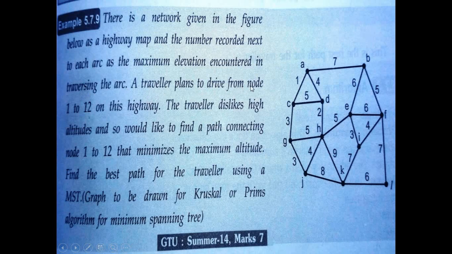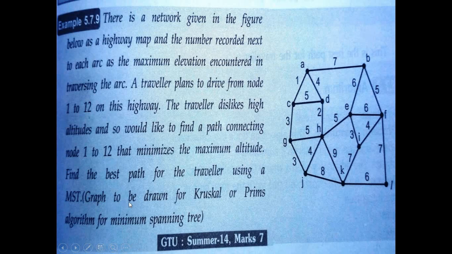A traveler plans to drive from node 1 to 12 on this highway. The traveler dislikes high altitude and so would like to find a path connecting node 1 to 12 that minimizes the maximum altitude. Find the best path for the traveler using MST, meaning minimum spanning tree.